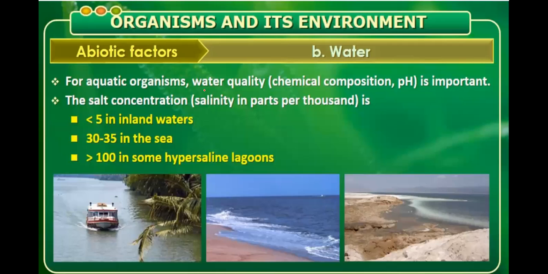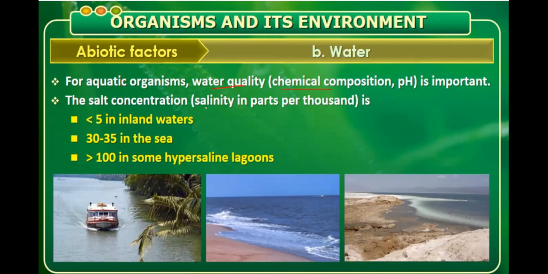For aquatic organisms, water quality matters. The animals living in water are called aquatic animals or aquatic organisms. For aquatic organisms, water quality includes chemical composition, meaning which types of chemicals are present in that water, and the pH of that water is important.